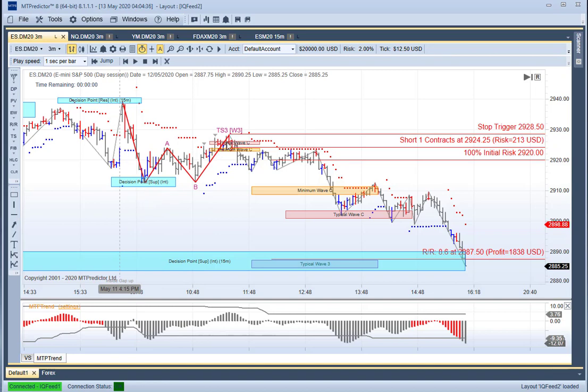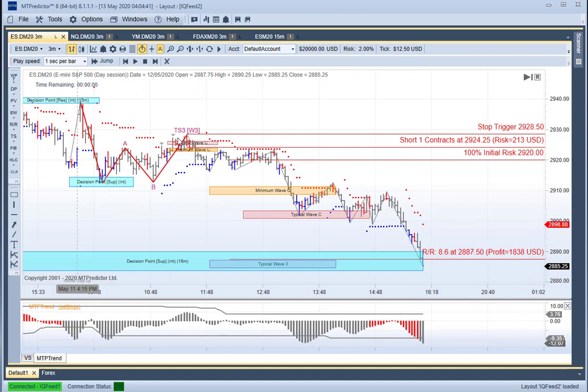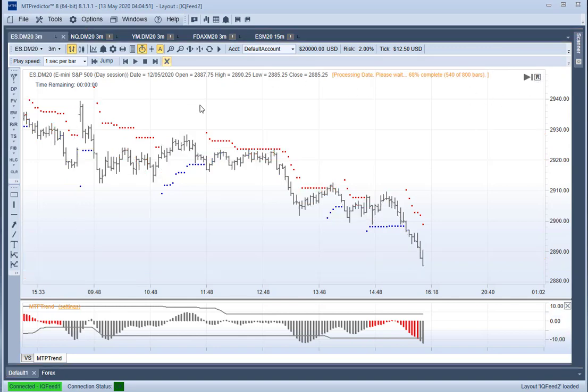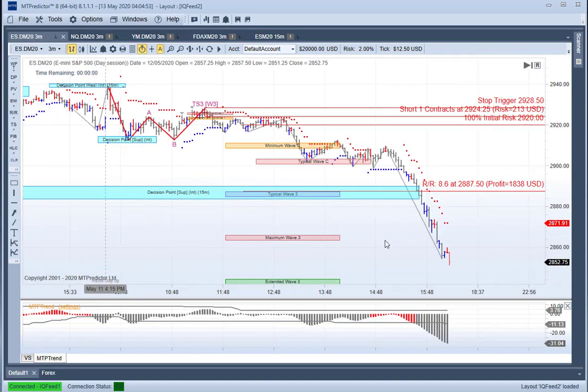We were then anticipating an ABC correction, which is exactly what unfolded into our W3 or wave 3 trade setup, and there you had the decline coming down for a profit of approximately 8.5 times initial risk. Or maybe if you were a bit more aggressive, you could have run that a bit further down.